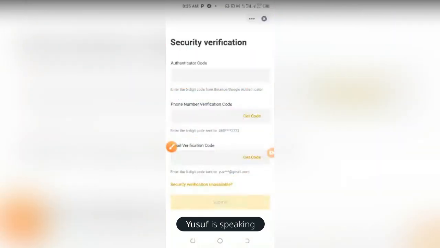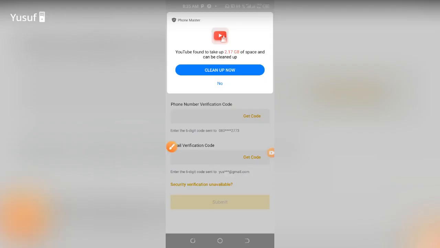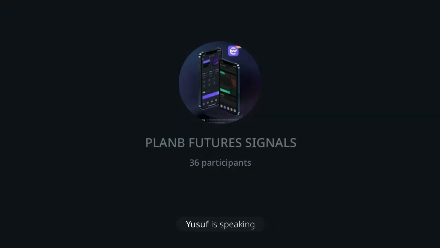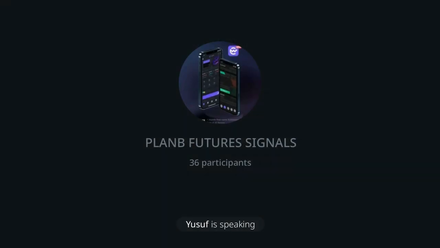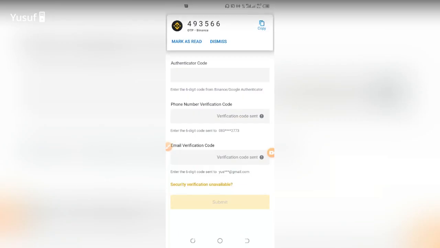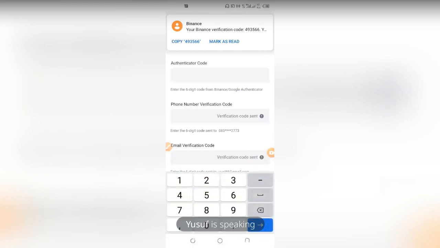Now, I'll click on Get Code on my phone number, Get Code on my email in order to generate code. So I'll click on this, then click on my email code too. A message code will pop up on my phone. Yeah, as you can see, I'll click on copy, then I'll paste it, that's my phone number code.